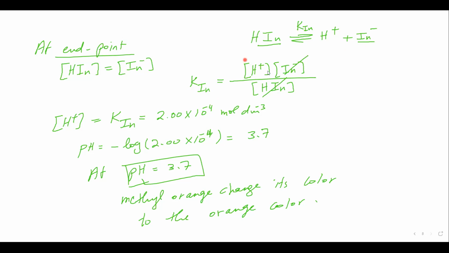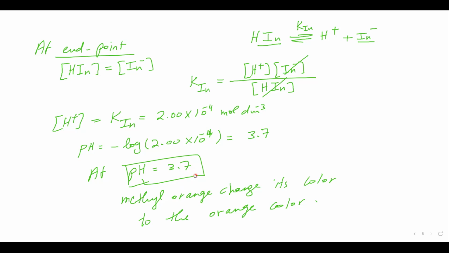And this means that the concentration of H positive is equal to the K indicator, which is 2 times 10 to the power minus 4 for methyl orange. And when we take the pH, which is minus log this value, it will be 3.7, which means that methyl orange will have an orange color at exactly pH equal 3.7. If the pH of a solution is 3.7, then it will change its color to be the orange color.